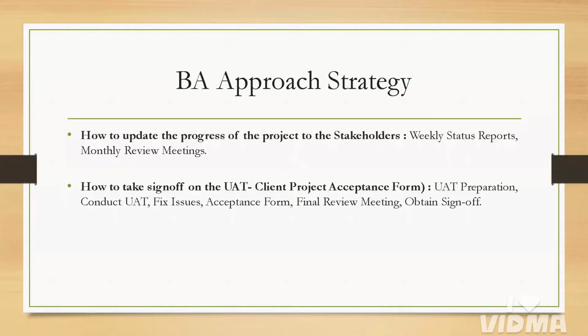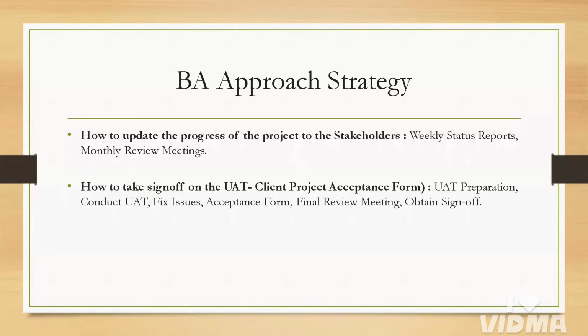Okay. And how to take the sign off on the UAT. So UAT, user acceptance testing. Here, after implementing the application or software for the client, the client should perform the testing on it.